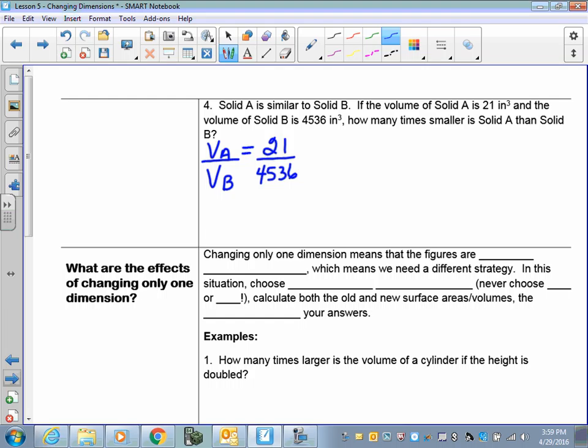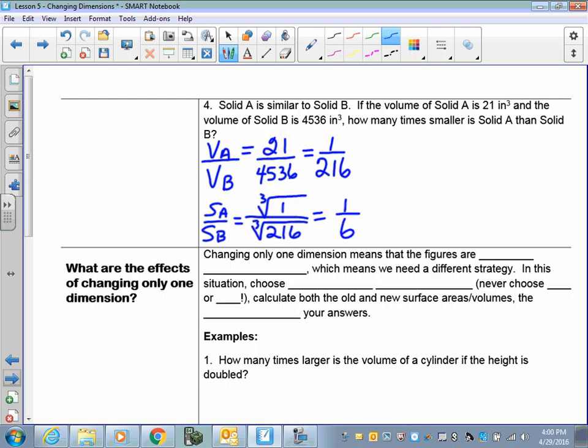If I simplify this, 21 will actually go into 4,536 216 times. So this simplifies to 216. Those are volumes. What I want to do now is find the scale factor. So the scale factor of A to B is going to be the cube root of 216, which happens to be 6.